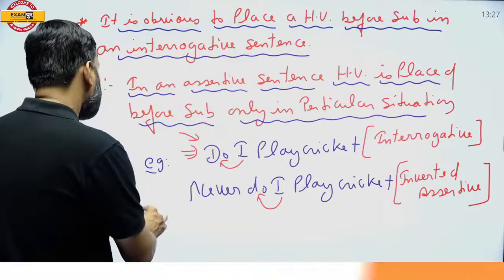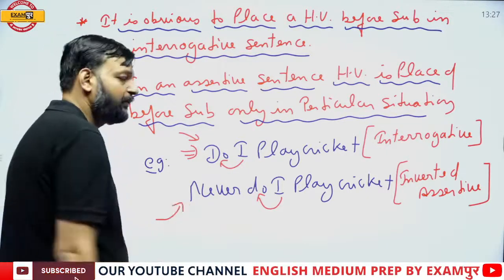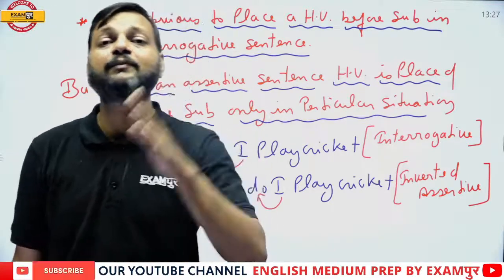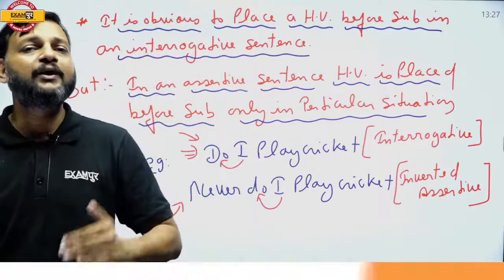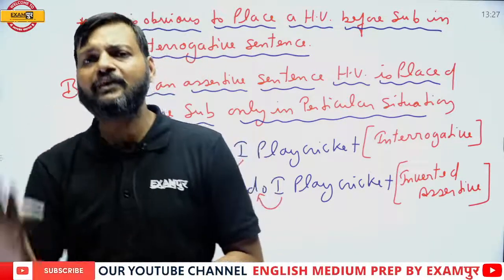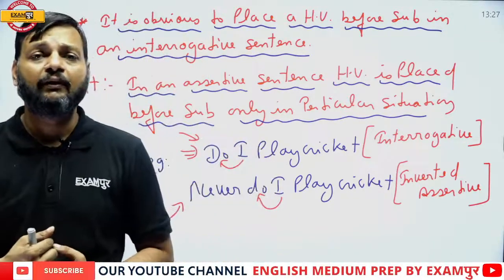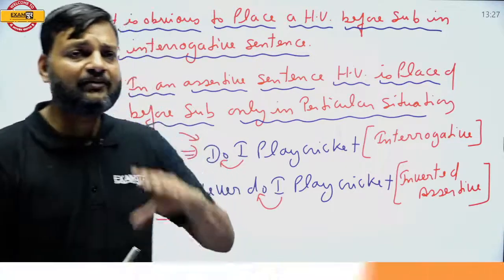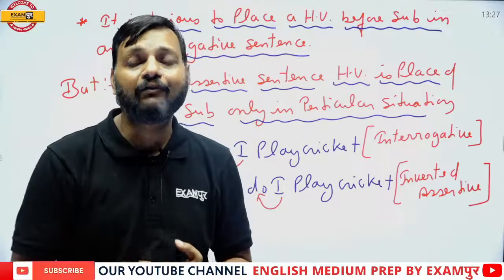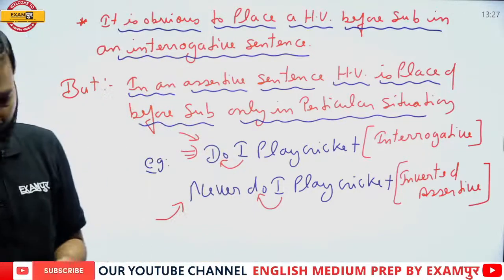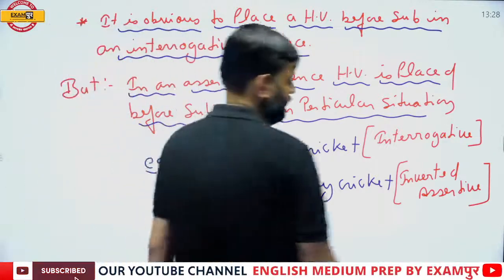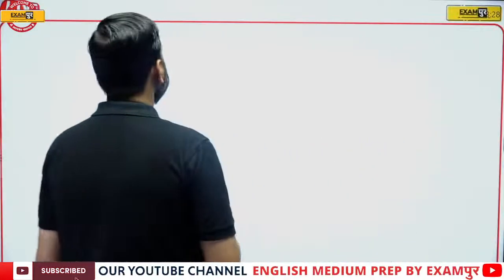But in an assertive sentence, the basic structure is subject plus helping verb; helping verb is placed always after subject. But when we place helping verb before subject in an assertive sentence, it is called inverted structure. It is called inversion. Okay, so now we'll see the rules of inversion.